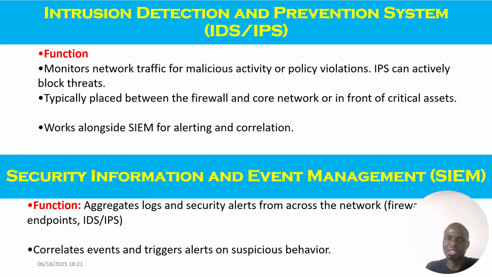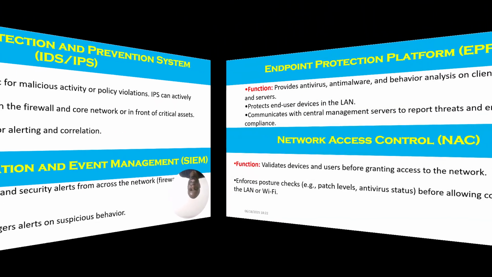And they work along with the SIEM for alerting and correlation. And security information and event management systems (SIEM) aggregate logs and security alerts from across the network, firewalls, endpoints, IDS and IPS, and therefore they correlate events and trigger alerts of suspicious behavior.